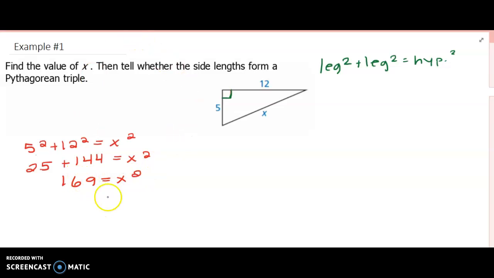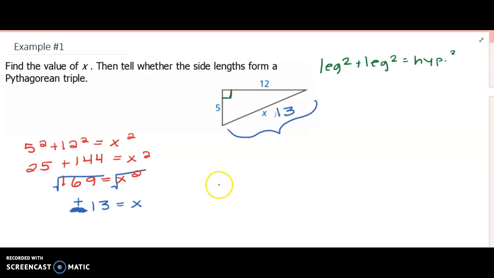Now, in order to undo a square, you take the square root. So this normally would be plus or minus 13 equals x. But guys, this 13 is now representing a side length, okay? So we don't need the minus when we're talking about side lengths. So 13 is equal to x. So this side is 13, okay? Now, it says tell whether the sides form a Pythagorean triple.